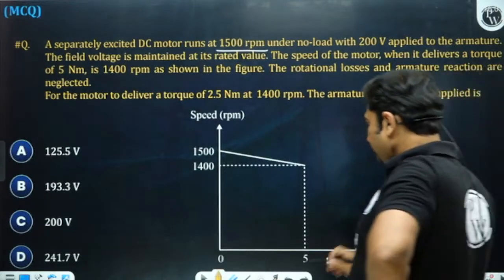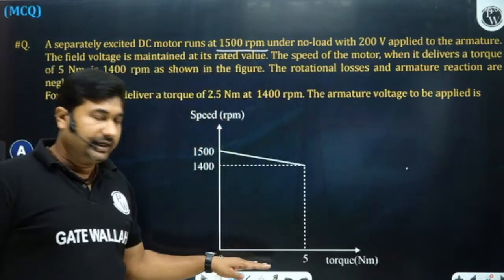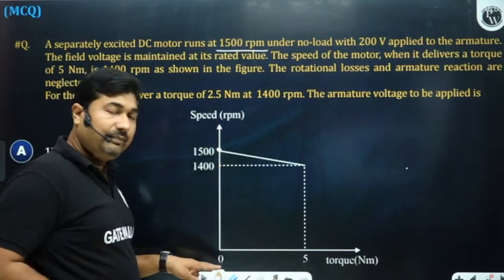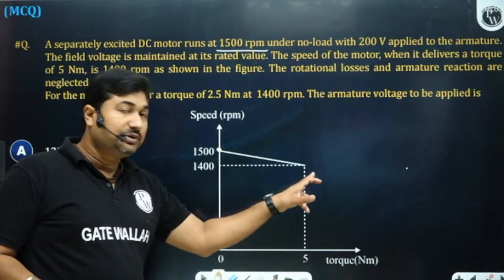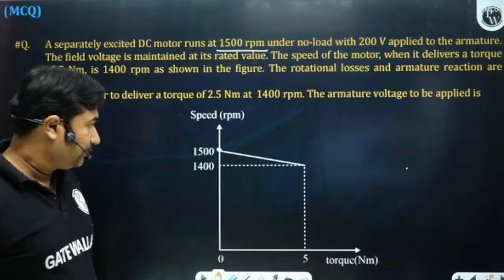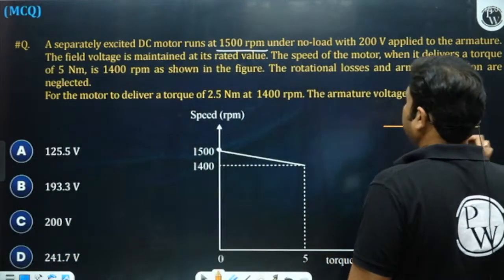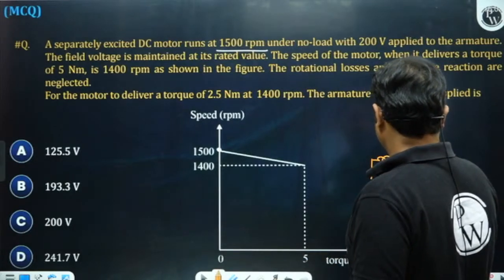See, from the torque speed curve, it is already mentioned that at zero torque the machine is running at 1500 rpm, and when it produces a torque of 5 Newton meter, its speed reduces to 1400 rpm. We have a separately excited machine here.